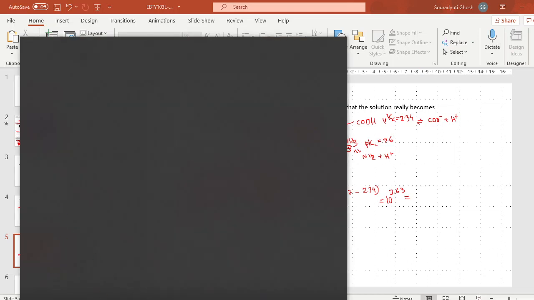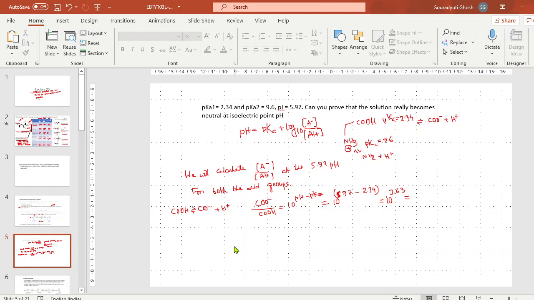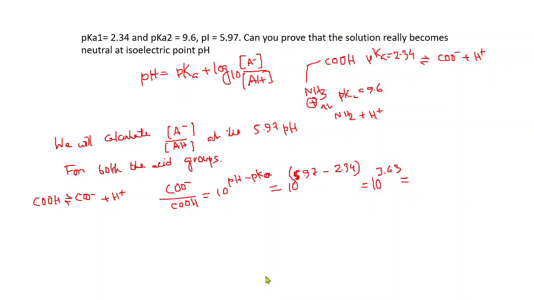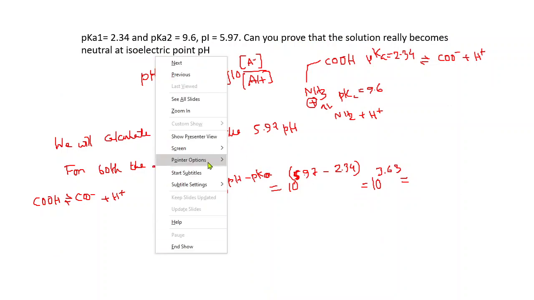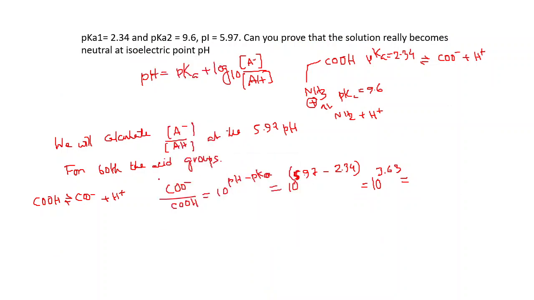We'll quickly go to the calculator. While that is loading, why don't we do it for the other one? Let's calculate it for the second group, that is the NH3 plus equilibrating into NH2 plus H plus.